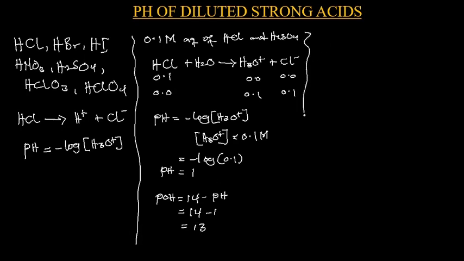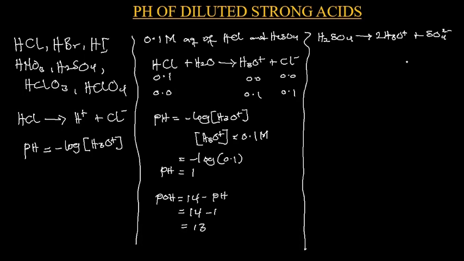Now, what about H2SO4? H2SO4 is also a strong acid. That means it will dissociate completely and give us, this time, 2 moles of H3O+, and then the sulfate anion, SO4 2-.